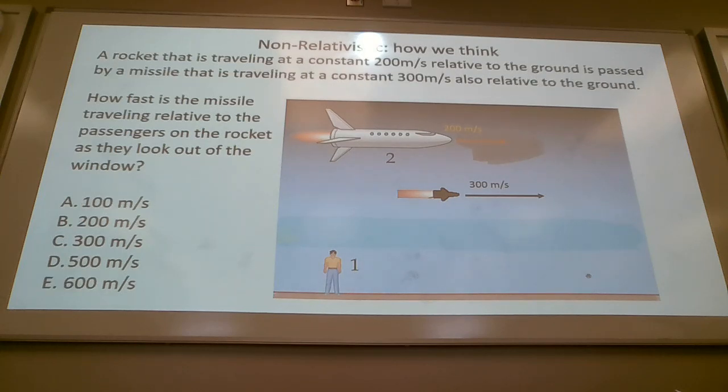Now, let's say we slow the rocket ship, the spaceship, down to 200 meters a second. How fast do the people in the rocket ship see the missile going past them? They see it going past at 100 meters a second. So you okay with that?